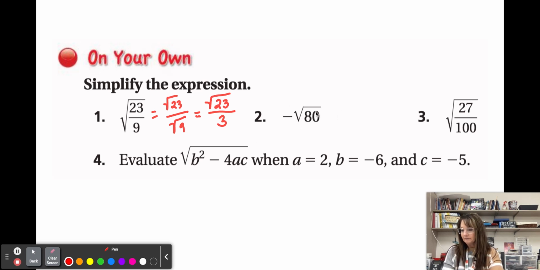For number 2, we know that we have the opposite of the square root of 80. So we can break 80 up.